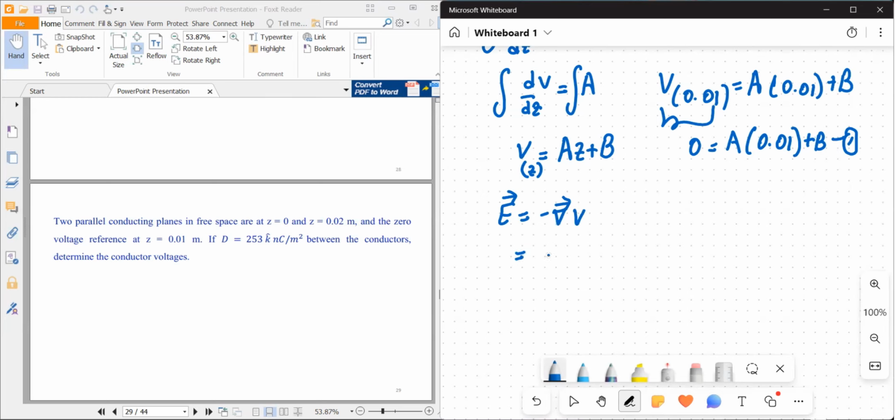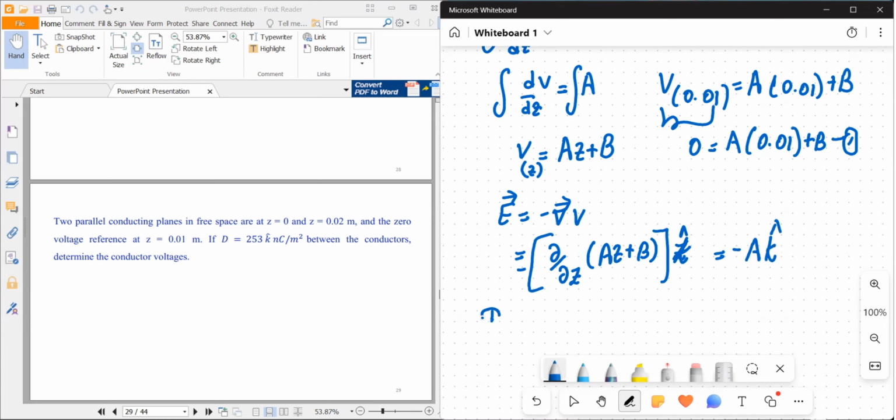So since we use a Cartesian coordinate system, we can write Az plus B. So that is the potential in the direction of z, or direction of k. So when we differentiate this one, we are going to get A in the direction of k, with a minus.